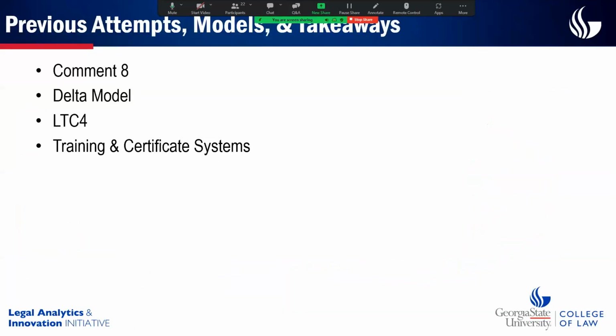Comment 8 came out quite a while ago, like 12 years ago now. 40 states have affirmatively adopted the comment, and the other states probably would still recognize it under their current competency standard. The problem is, there hasn't been a clear definition. We're not all talking about the same thing whenever we talk about tech competency.